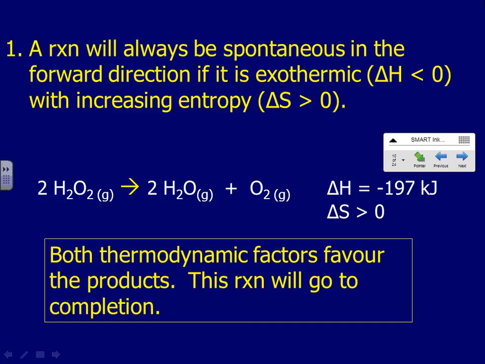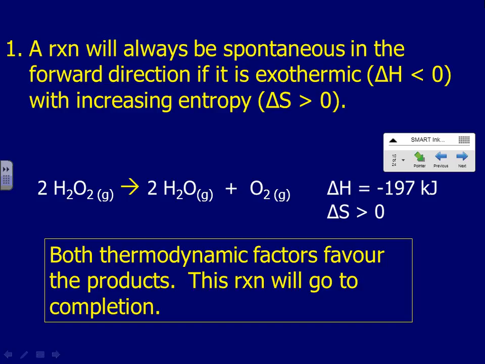A reaction will always be spontaneous in the forward direction if it is exothermic with increasing entropy. So here I've got a quick little table. If I put my enthalpy here as positive and negative, and my entropy as positive and negative, we can then find the spots where we're going to have spontaneous reactions or non-spontaneous reactions, all right?